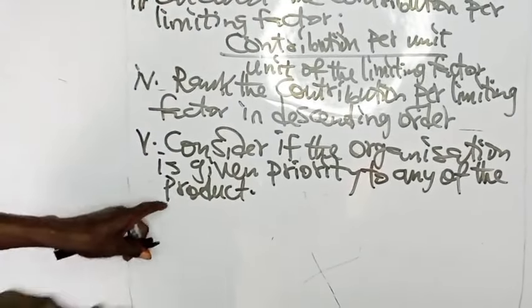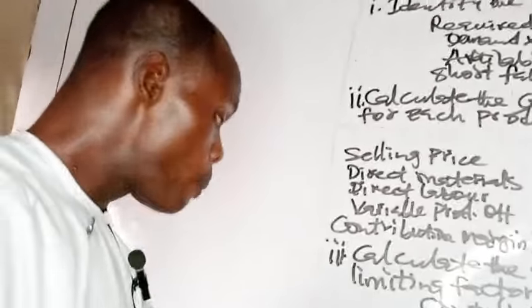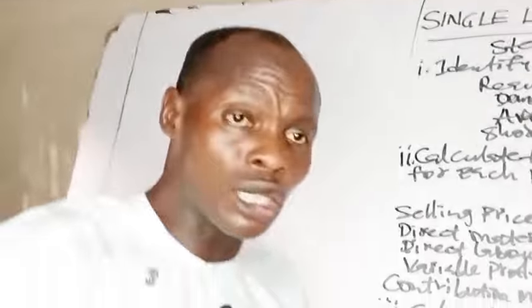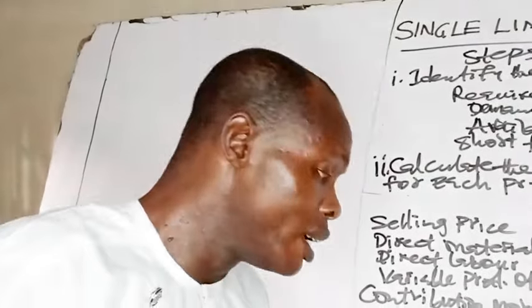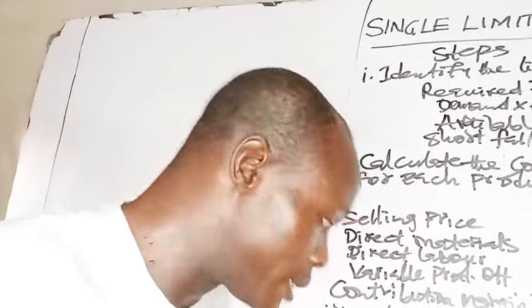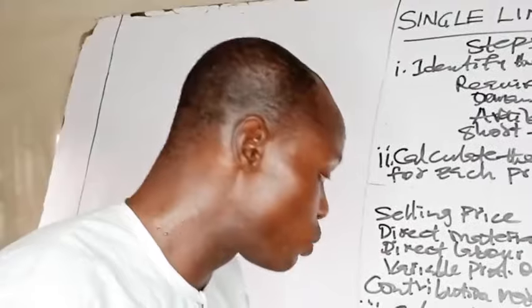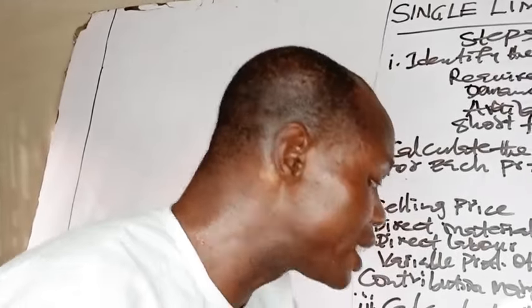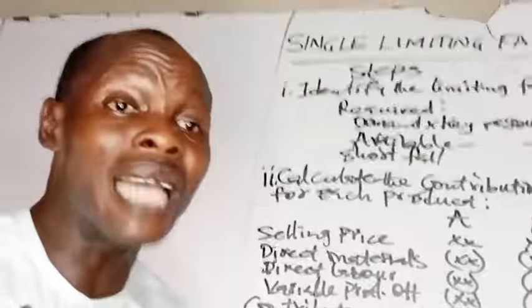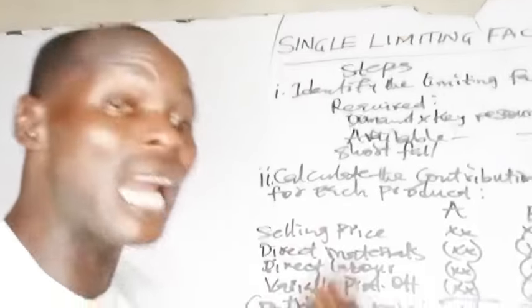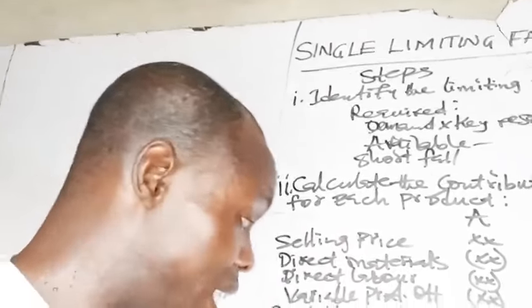So where the entity has given priority to any of the products, you calculate the amount of the key resources that will be required for the one in which the priority is given. So you now calculate that key resource and subtract it from the maximum available. So that means it's not the entire limiting factor that will be allocated this time around.